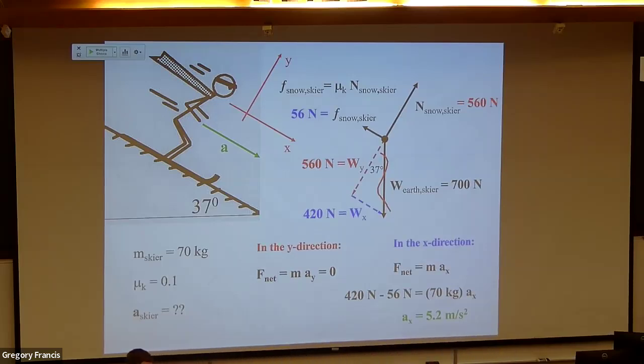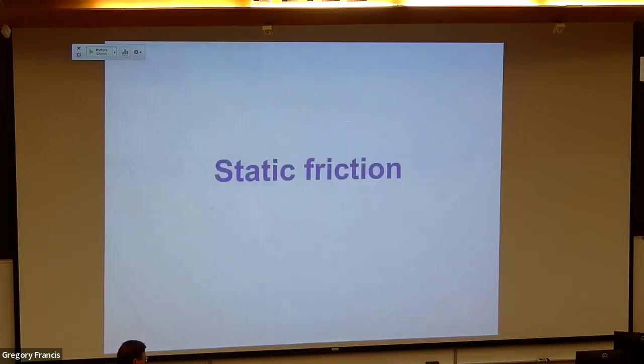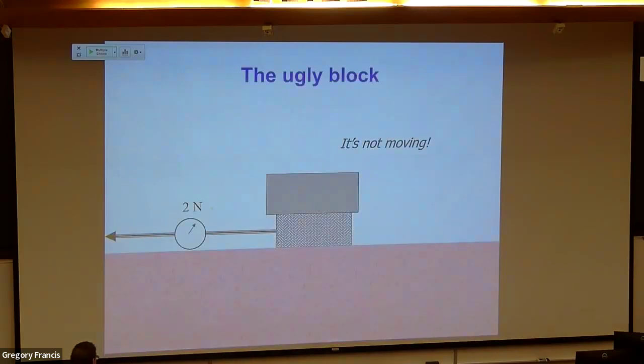We're going to move on. Let's talk about the difficult friction, the static friction. If I had some sort of block here, and I were to pull with a spring scale such that the reading on the spring scale was 2 newtons, and it's not moving, it's not going anywhere.